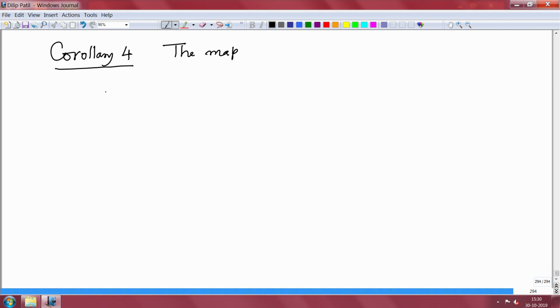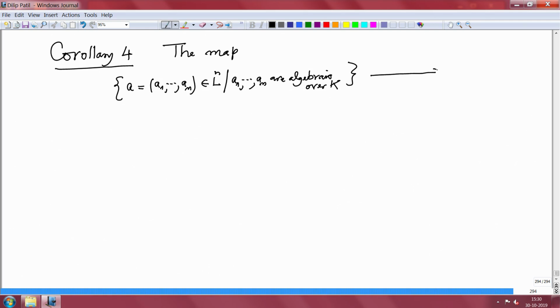I am giving the map from all those tuples A = (A1,...,An) in L power n, such that all Ai are algebraic over K. Look at all those tuples of points which are algebraic over K. From here we have a map to SpecM R, and the map is, take any A and map it to I_K(A).